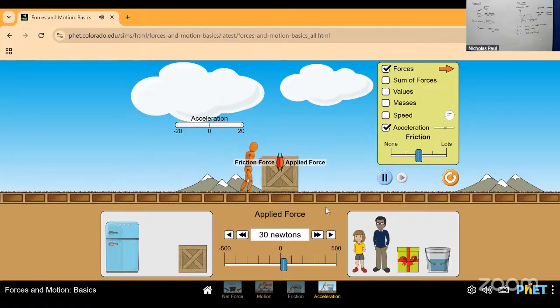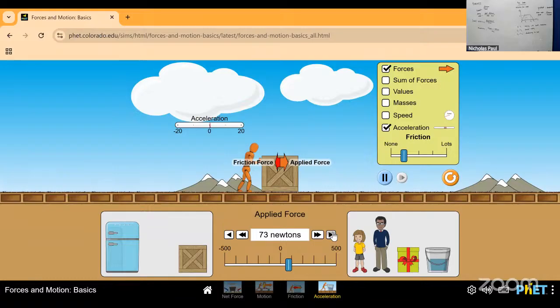You're applying a force. How much is friction? So the force is bigger than friction, now it's time to move. What direction is the acceleration in? To the right as well.